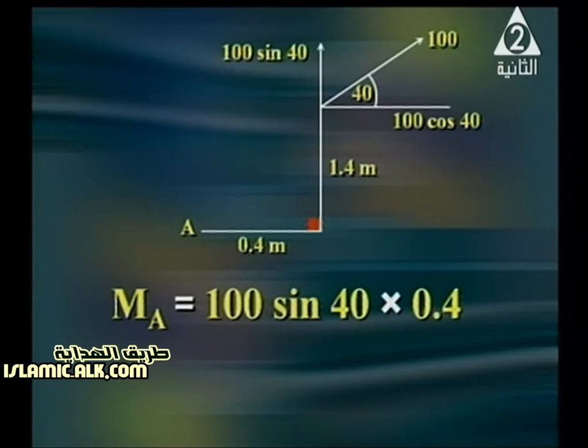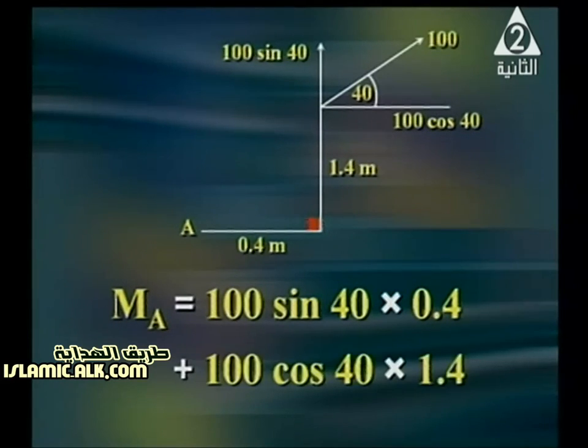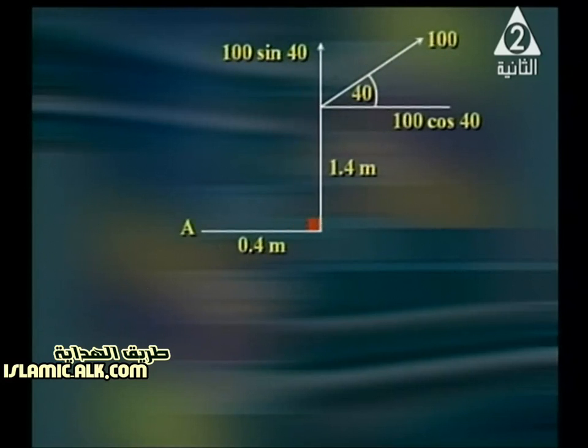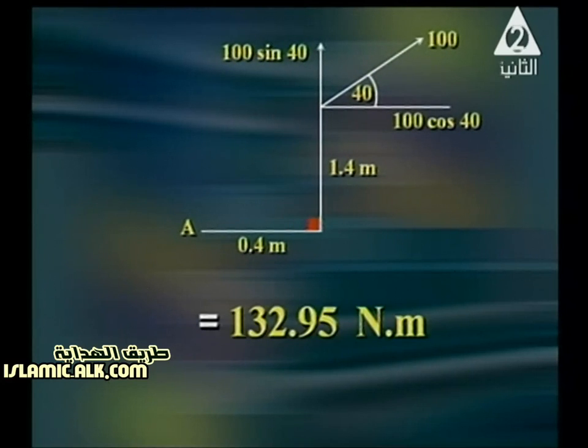Multiply 100 sine 40 times 0.4, plus 100 cosine 40 times 1.4. The answer is 132.95 Newton meter. This is the moment about the point O.